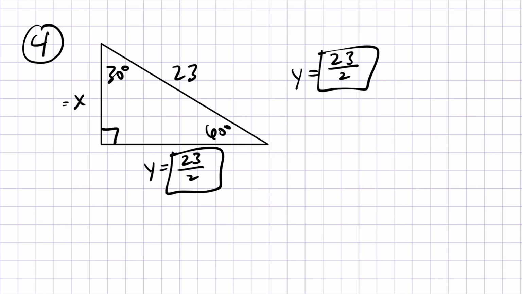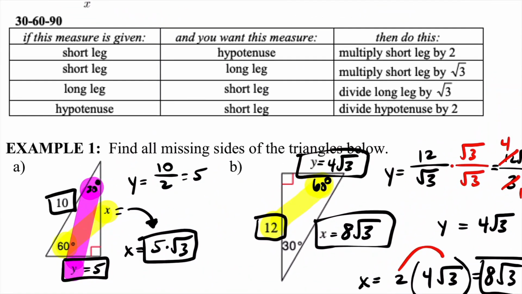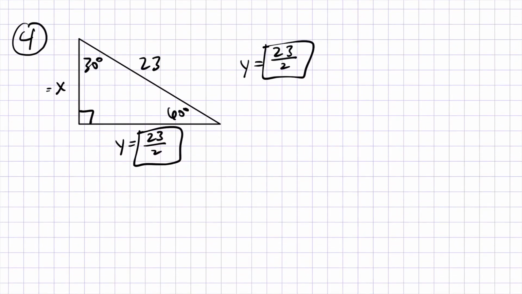Okay. So now I need to find the long leg. Multiply whatever I got for the short leg by the square root of 3. So I got 23 divided by 2 for the short leg, and I'm going to multiply it by the square root of 3.